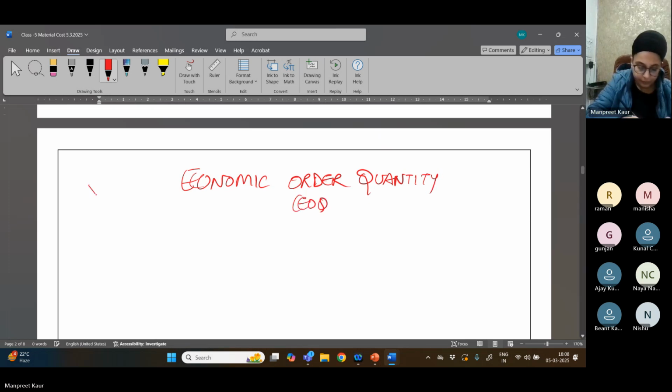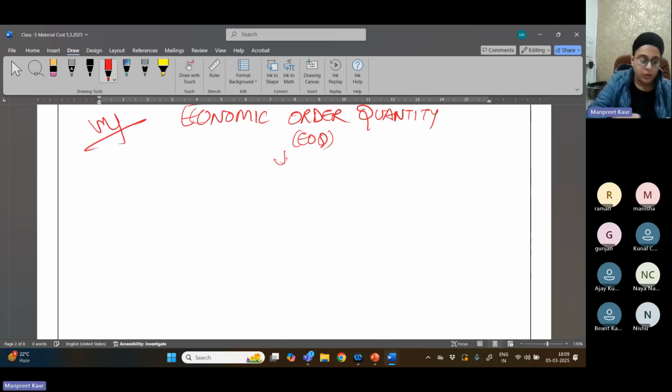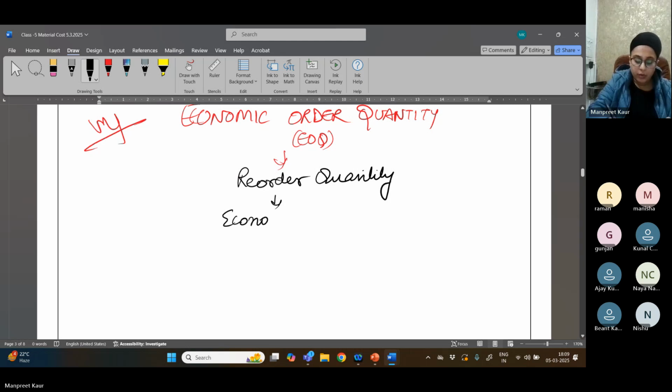EOQ is also known as reorder quantity. It means economical order quantity.